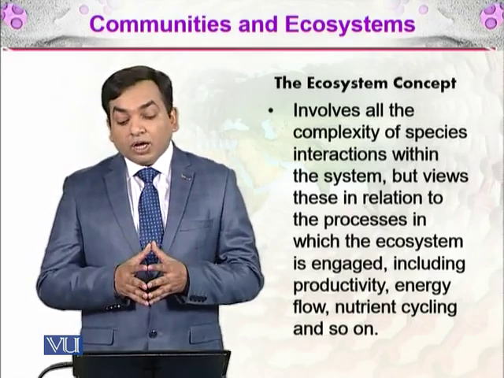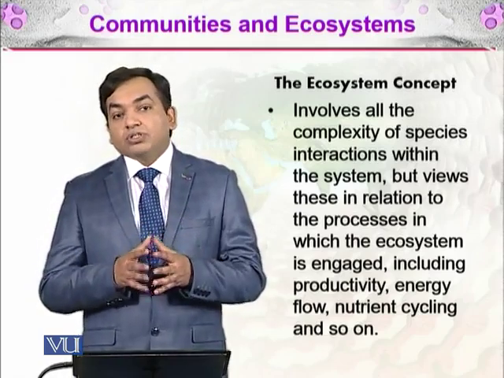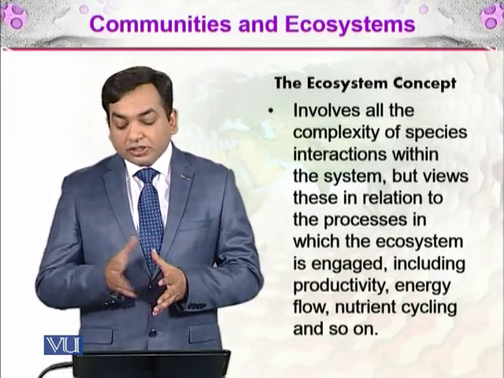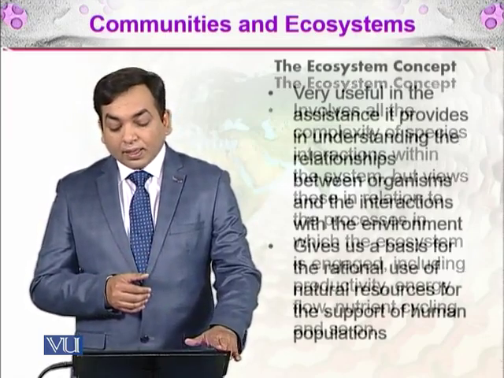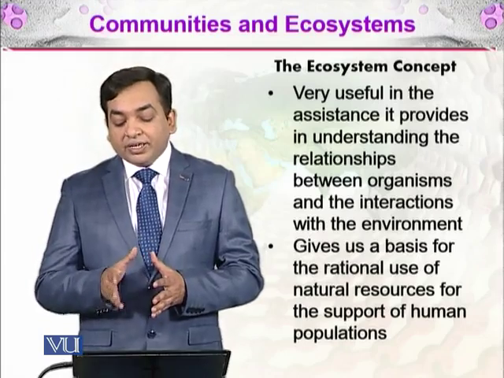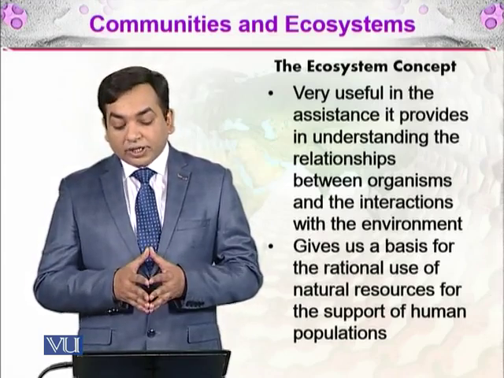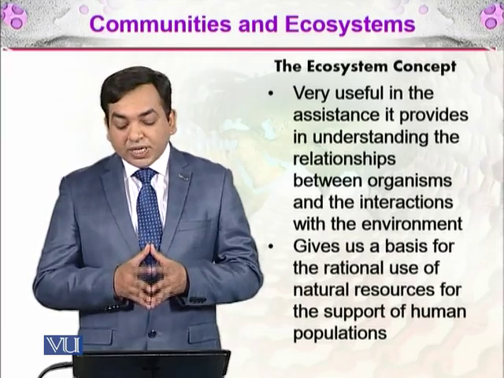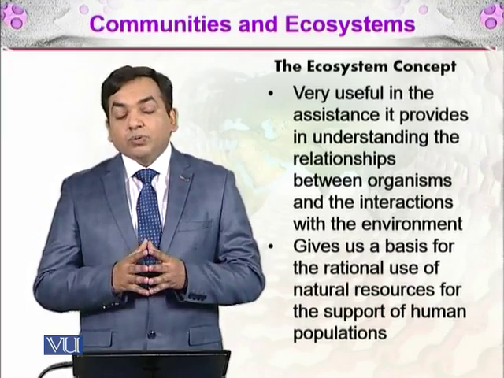So the whole ecosystem concept is not only discussing the interaction of species in itself, but also the abiotic factors, like the energy flow and nutrient cycle. It is very useful in understanding the relationship between the organisms and their interaction with the environment, and it also gives us a basis for the rational use of natural resources for the support of the human population.